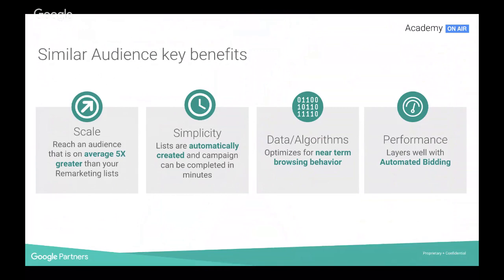Data signals, really useful and meaningful data included in your lists to make sure that you're reaching out to the right users every time, including real-time updates, because we really want data to be fresh and meaningful to you. And really good performances, especially when layered with automatic bidding.